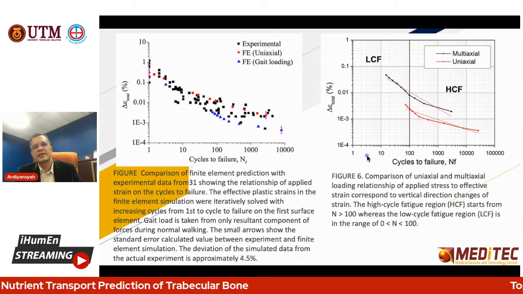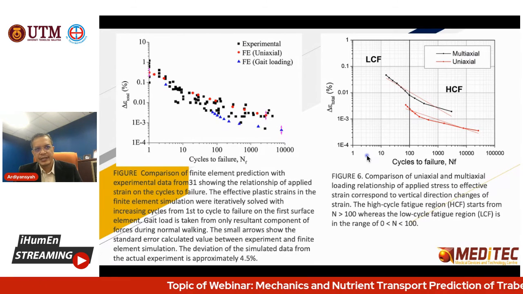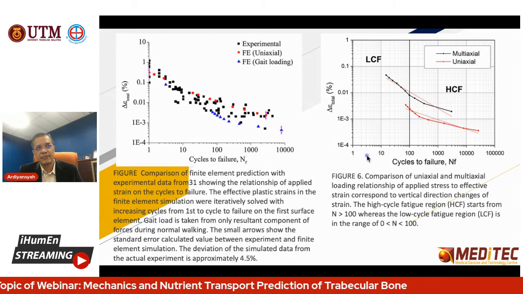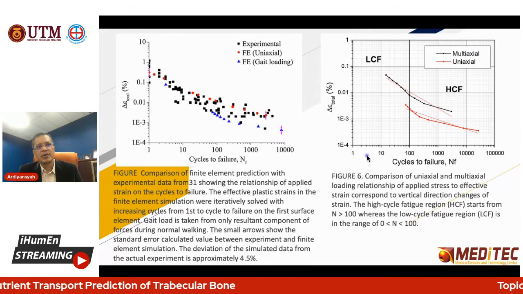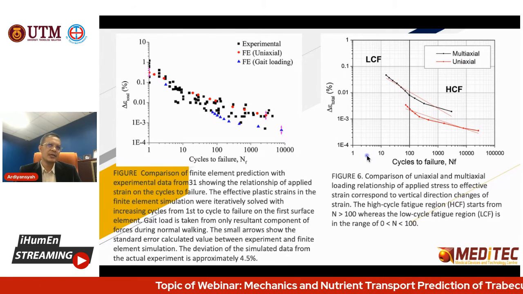You can check the comparison of uniaxial and multi-axial loading, the relationship of the applied stress to the effective strain corresponding to the vertical direction strain. The high cycle fatigue region, HCF, starts from more than 100, whereas the low cycle fatigue region, LCF, ranges from 0 to 100.